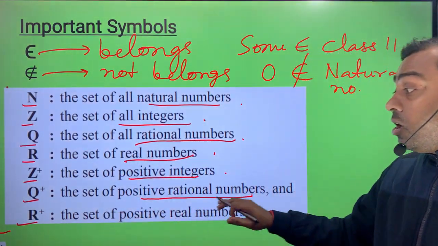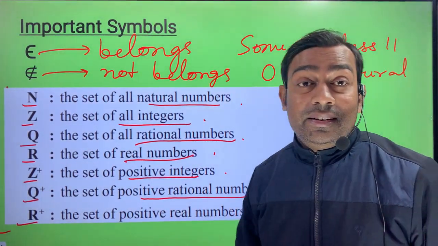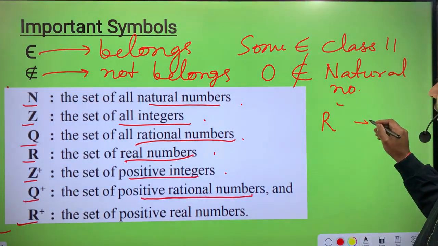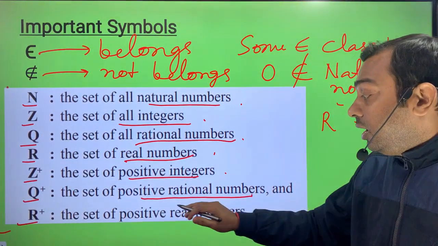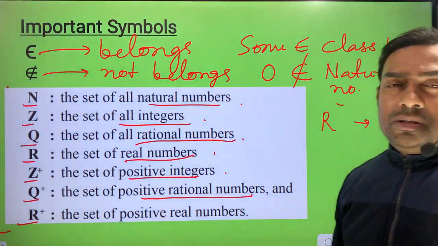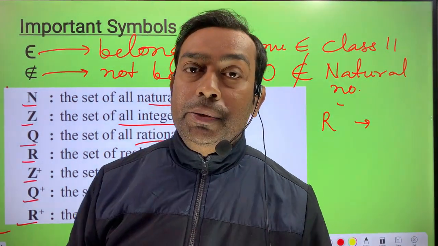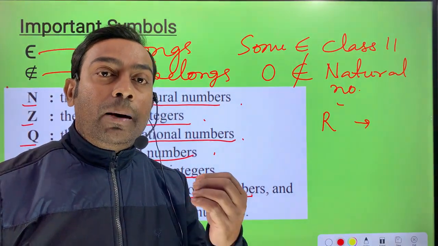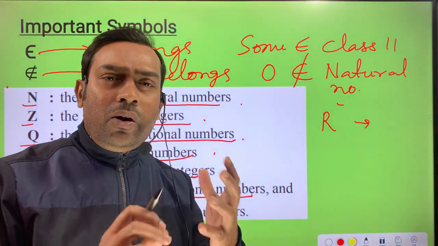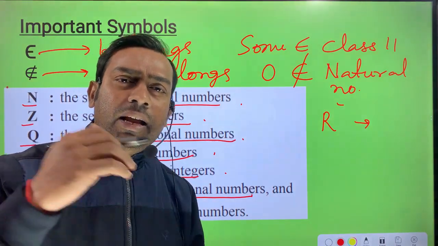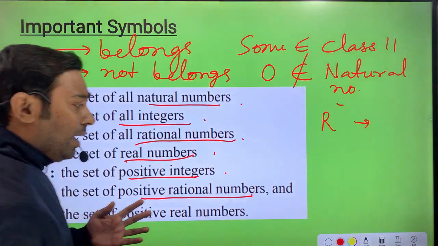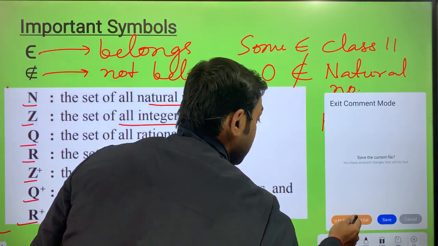R plus is all positive real numbers. If I use R minus, then it is the set of all negative real numbers. So these are very frequently used terms and symbols, not only in set theory but everywhere in your maths, as well as science.